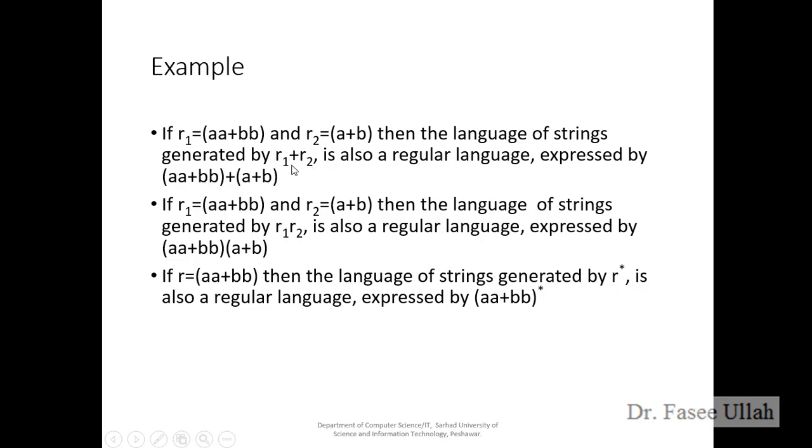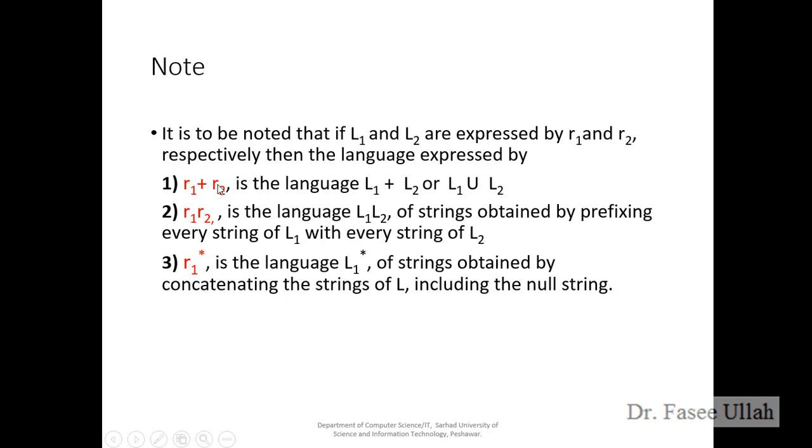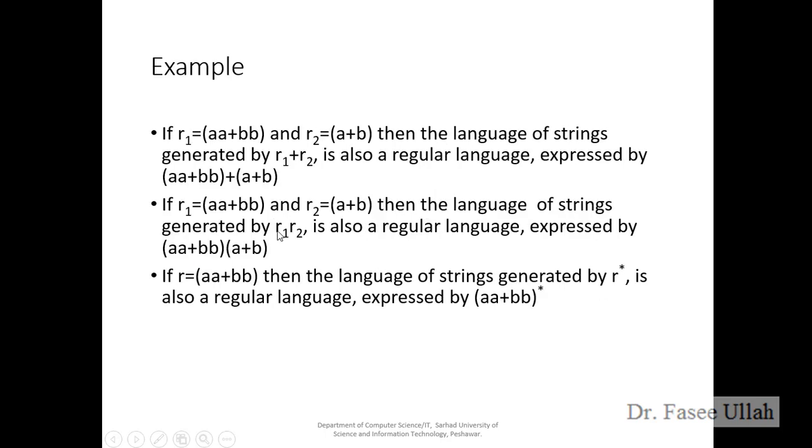Here we have first defined regular expression 1 and regular expression 2, and combined them using the plus operator from the previous slide. So we can put the plus symbol or the union symbol. For concatenation or multiplication, usually we do not put the multiplication operator between these two languages.